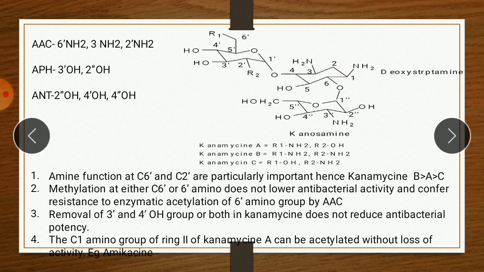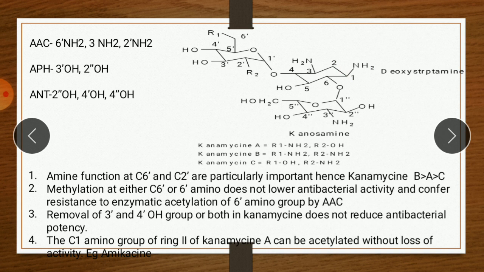Simple numbers are given: 1, 2, 3, 4, 5 and 6. The above ring is given the numbers 1 dash, 2 dash, 3 dash, 4 dash, 5 dash and 6 dash. The lower ring numbering is given like 1 double dash, 2 double dash, 3 double dash, 4 double dash, 5 double dash. Now see the SAR.